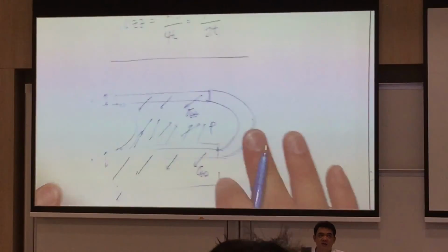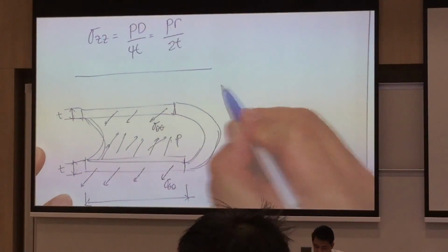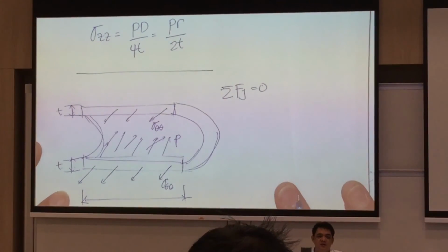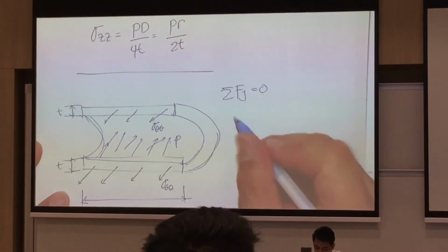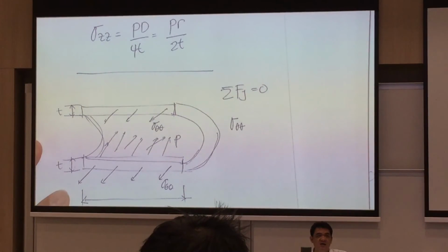And then here, again, if this one will be your y-axis, you're taking the summation of forces y equal to 0. So what happens? Your sigma z multiplied by the area it is acting upon. What's the area? Assuming that this one is the length, let's use dz.